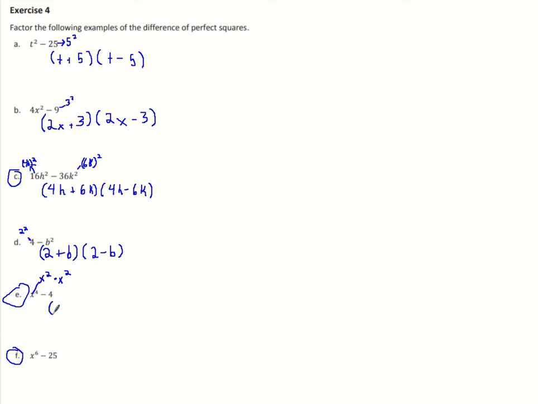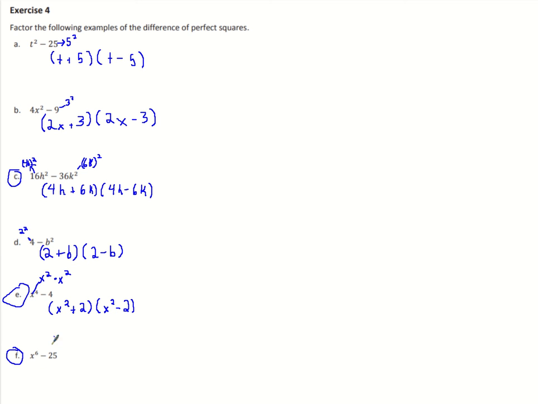So what we can split this into is x squared plus 2 and x squared minus 2. So we can take our exponent and split it in half into 2 separate groups of 2.